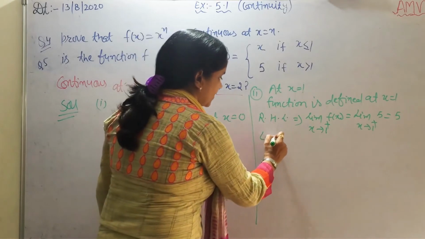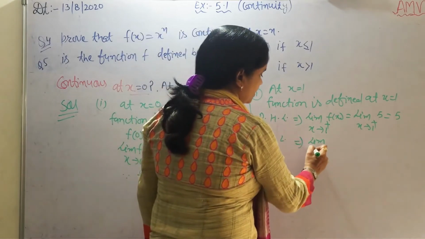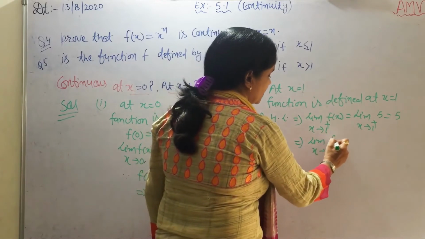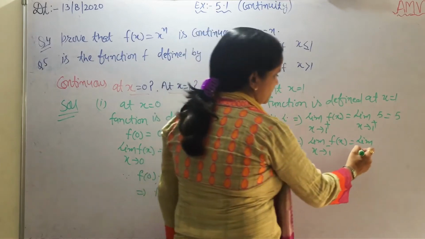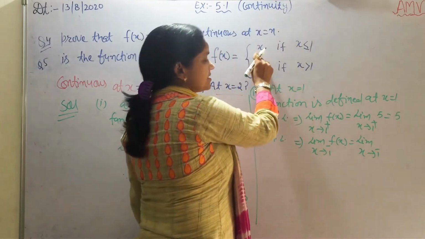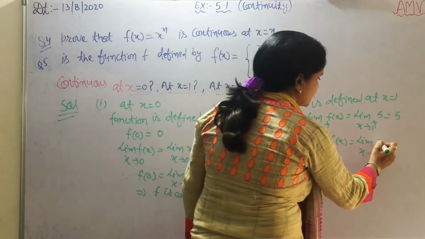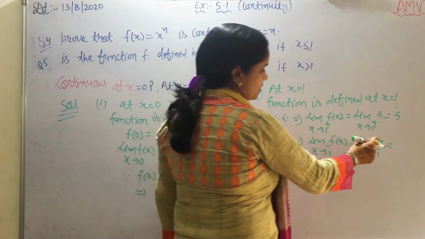Now the left hand limit, it is the limit as x tends to 1 minus of f(x). Here the function is x. Write x here and now substitute 1 in place of x.